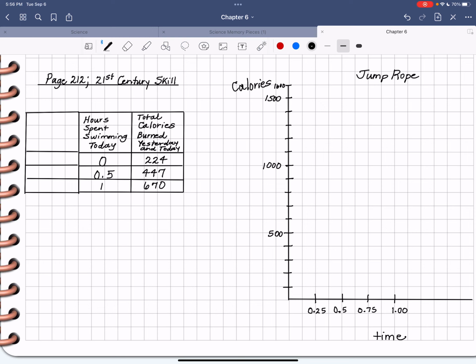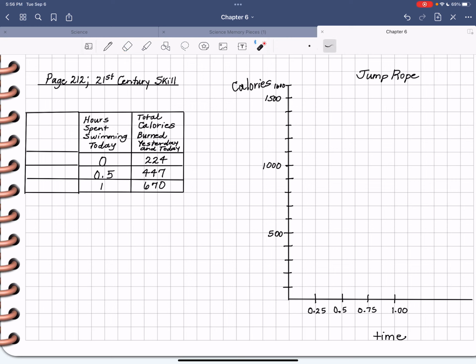It's in the table. The total number of calories burned during exercise for yesterday and today will depend on the amount of time Max spends swimming or jumping rope, as shown in the table and the graph.